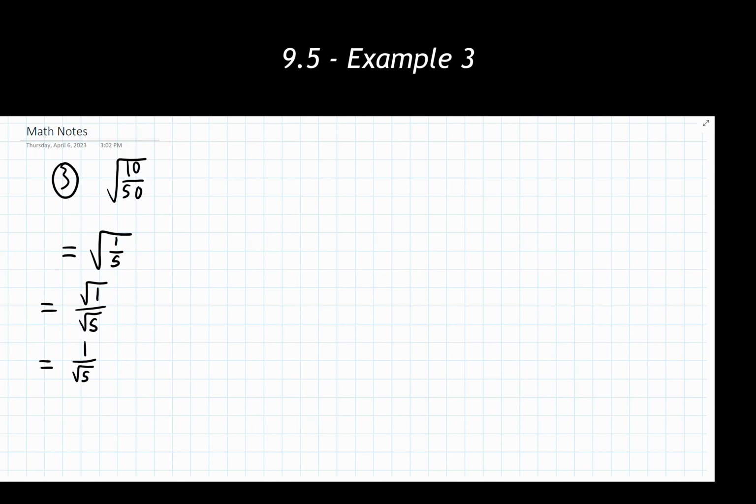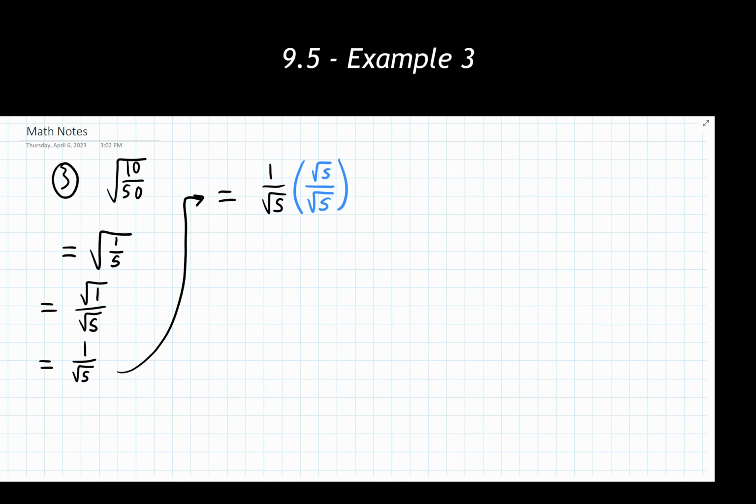Then we do have the option, I'm just going to move us up here for this step, of multiplying the numerator and the denominator of this fraction by the denominator. The reason we are doing this is, again, to rationalize the denominator, i.e. cancel out any and all radicals that are in the denominator spot.